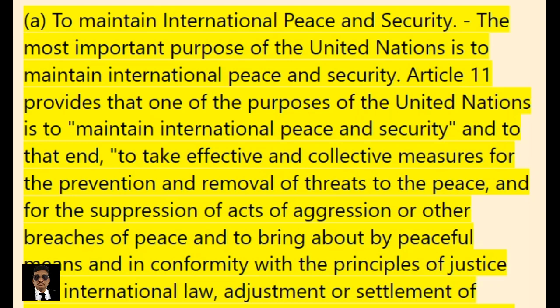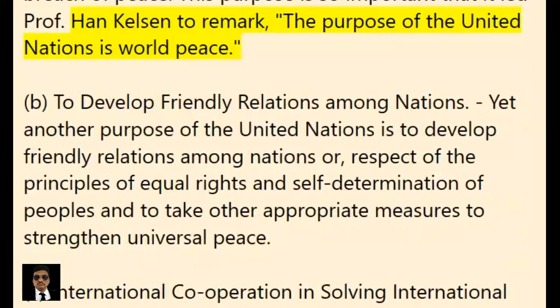This purpose is so important that it led Professor Kelsen to remark, "The purpose of the United Nations is world peace."